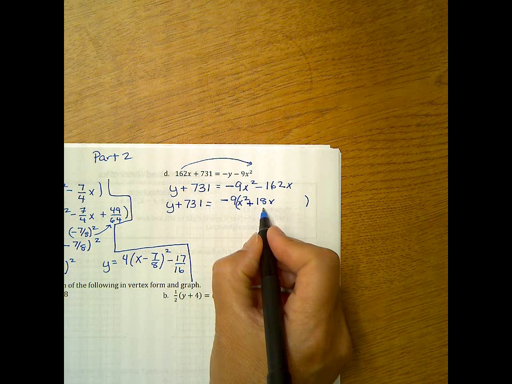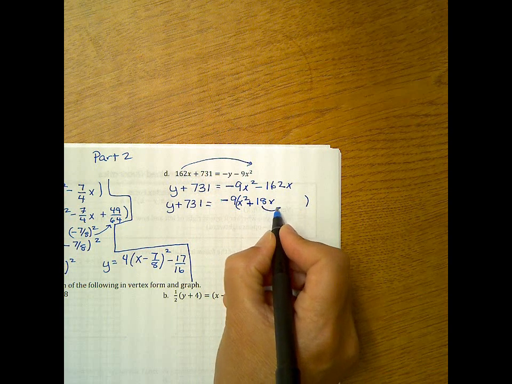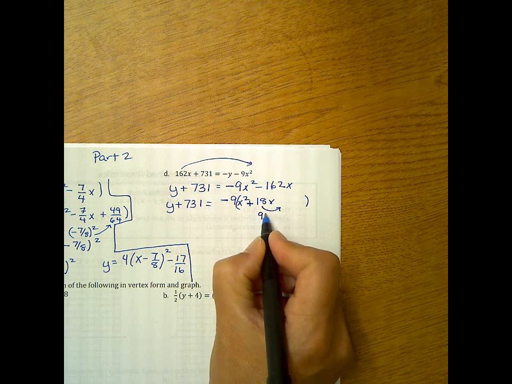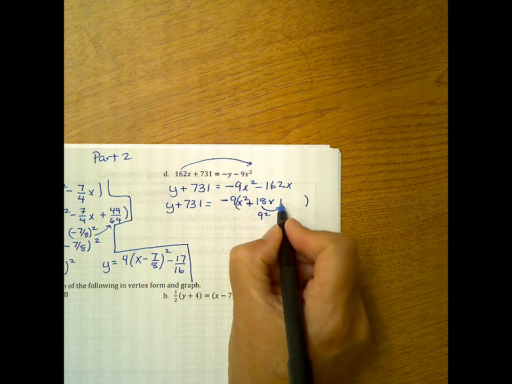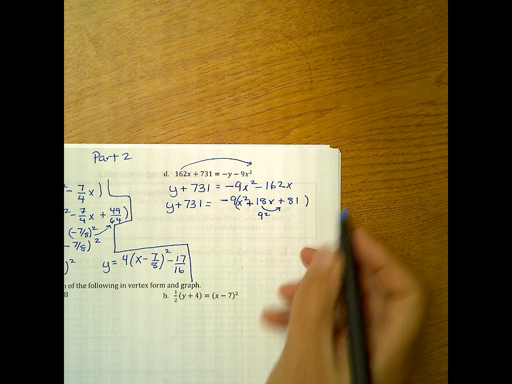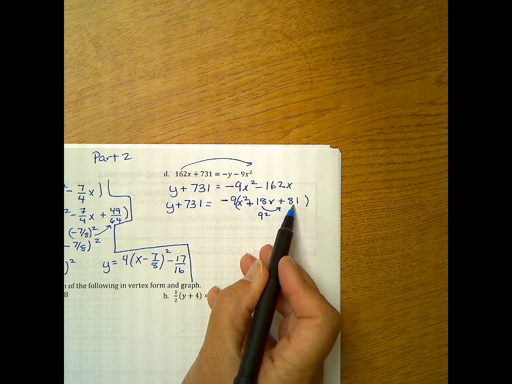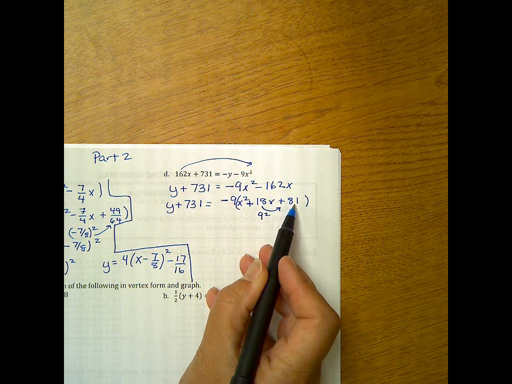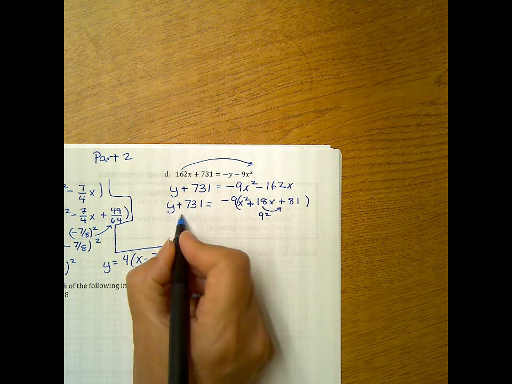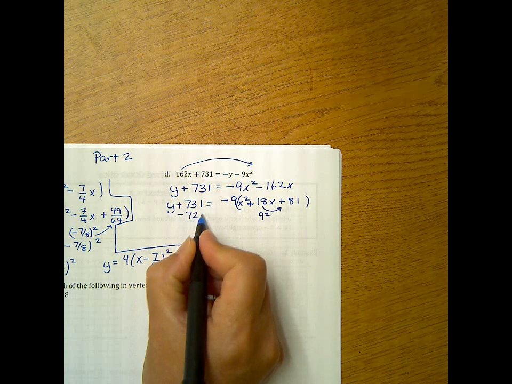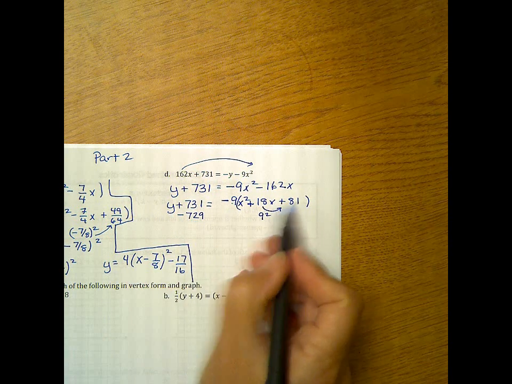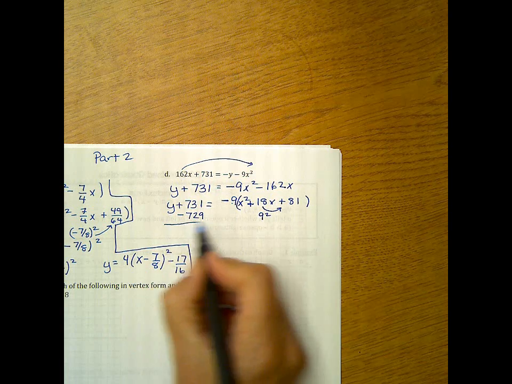To complete the square, to make a perfect square trinomial, we have to take half of 18 and square it. So we're going to add 81. So adding to the other side, I have negative 9 times the 81 because it's in parentheses, which is negative 729. Negative 9 times 81 has to add to the other side.